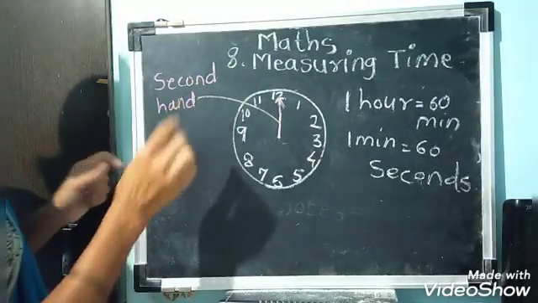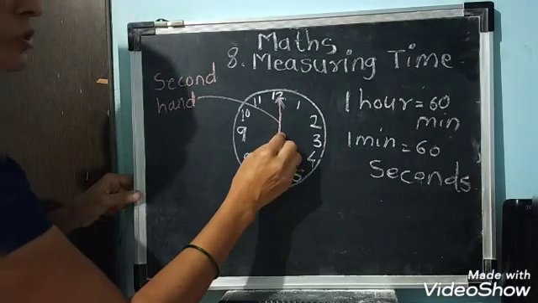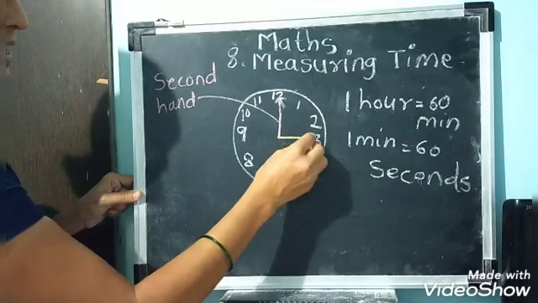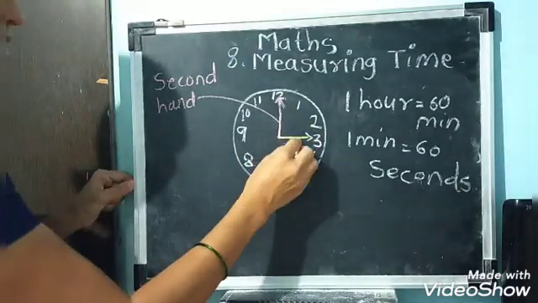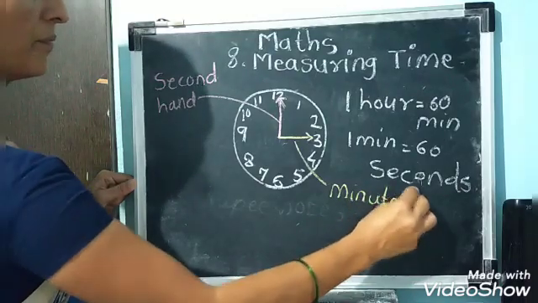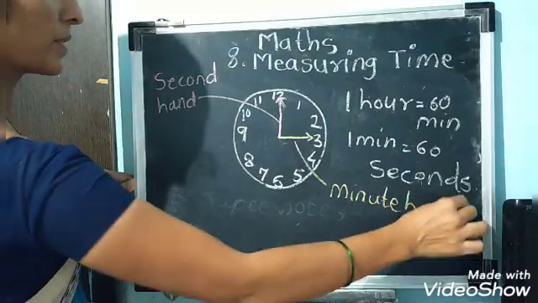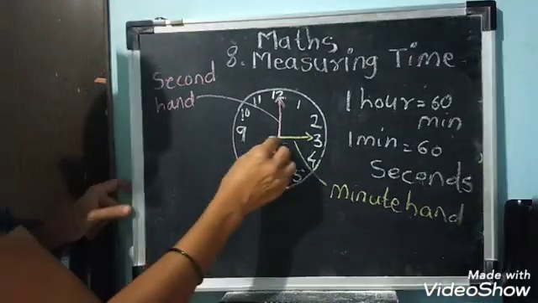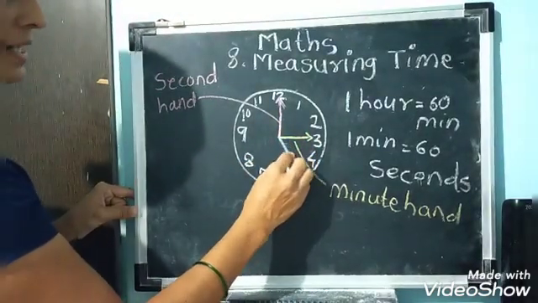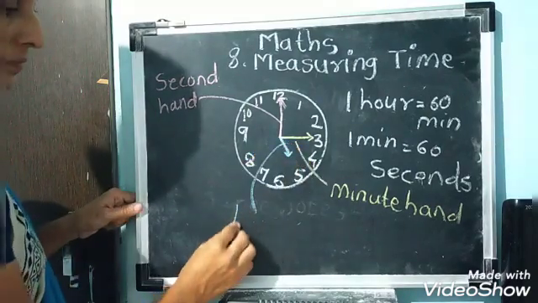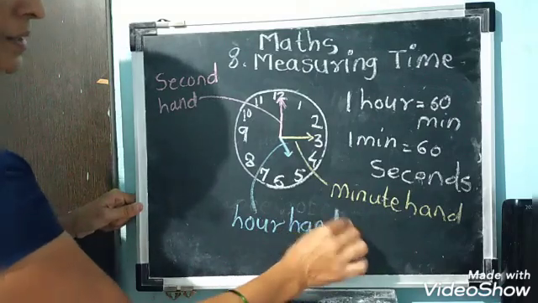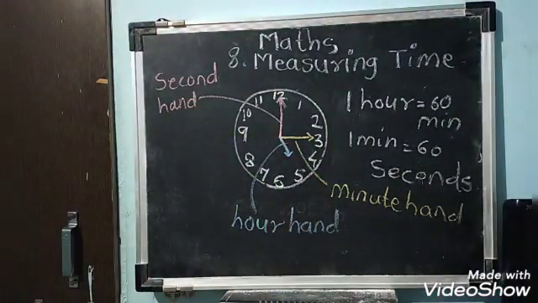Now the little shorter hand is called the minute hand. And the shortest hand is called the hour hand. This is the introduction of the clock.